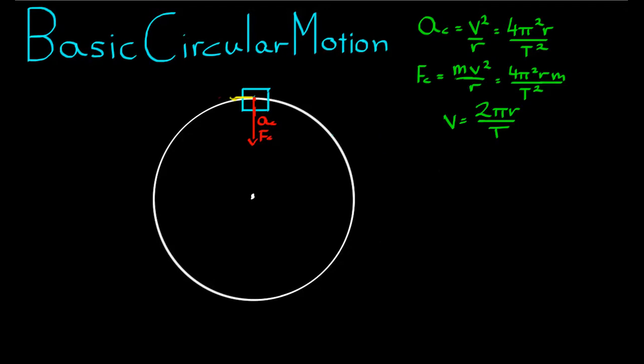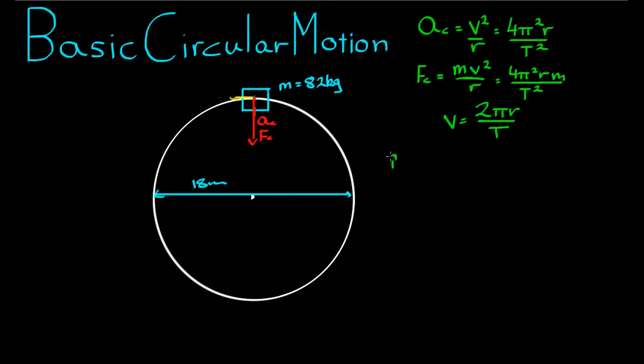This is supposed to be a practice question lesson. Let's set up a practice question. A skateboarder and skateboard of combined mass 82 kilograms is moving in a circle of diameter 18 meters.